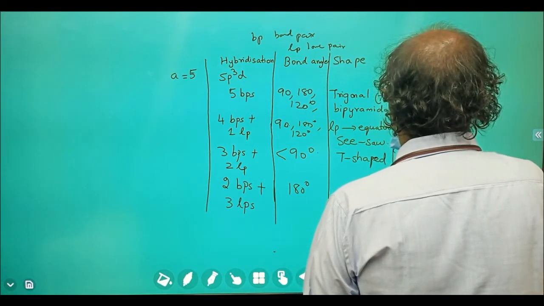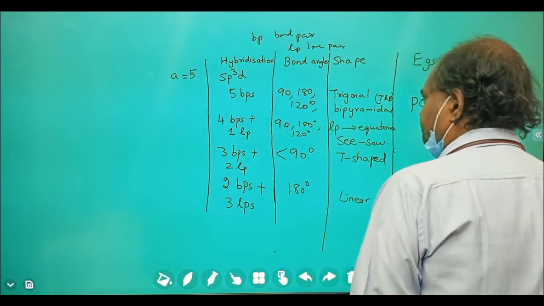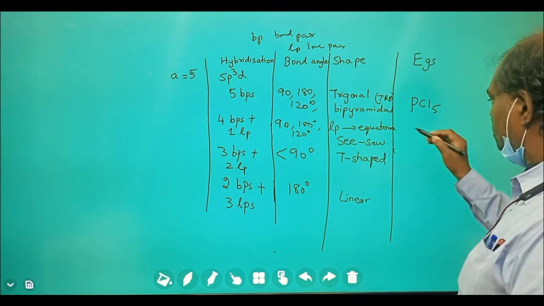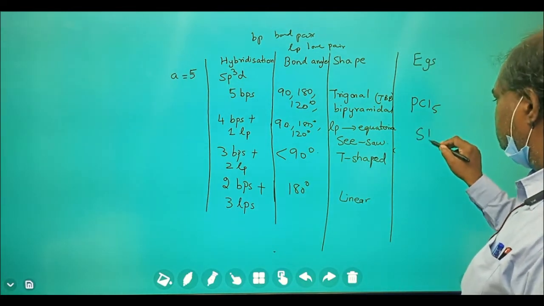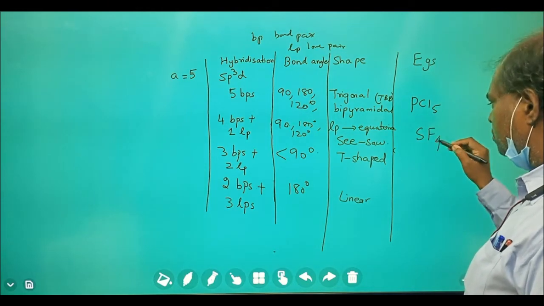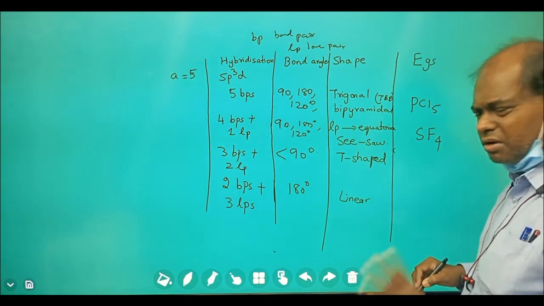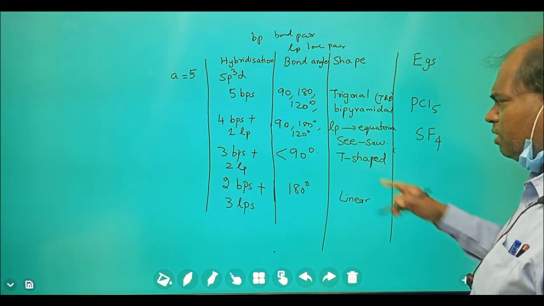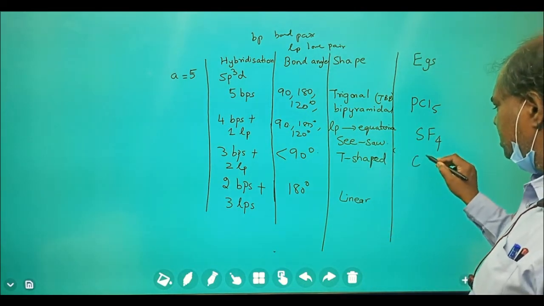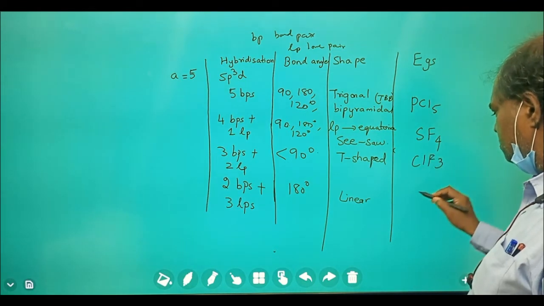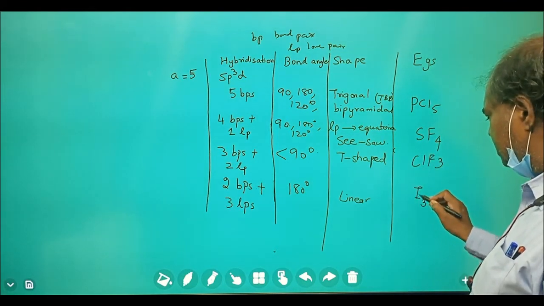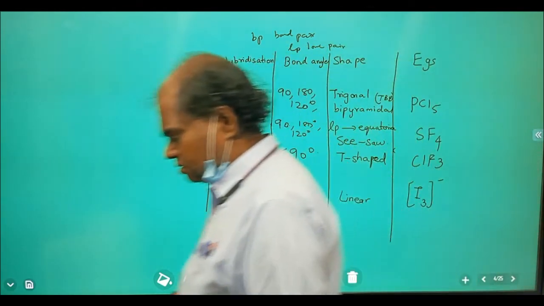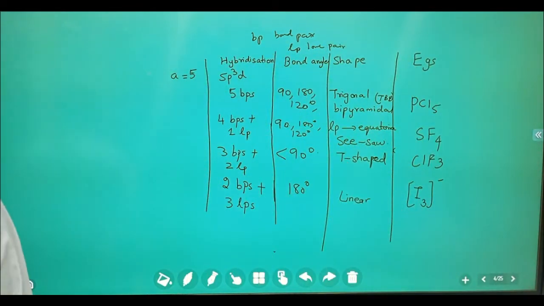Now let us write examples also. PCl5. For this, SF4: four bonds and one lone pair, and you know how to calculate bond pairs. For this ClF3. For this I gave an example I3 minus. Can you remember? Students, please copy this table. This table is very helpful.